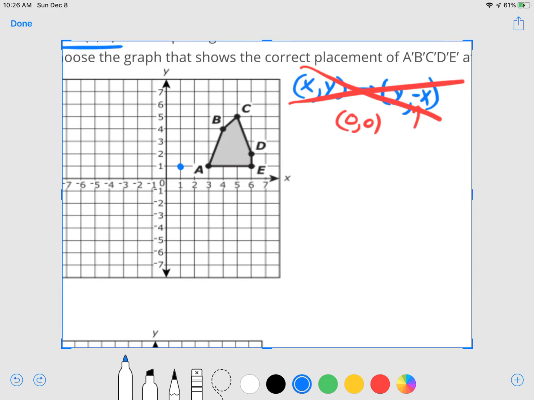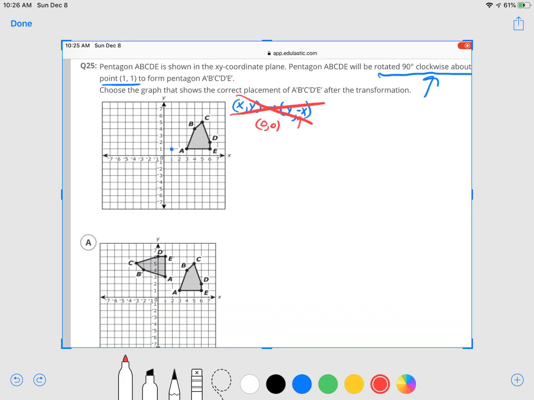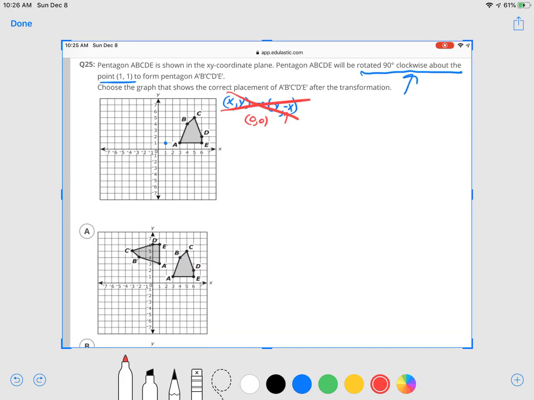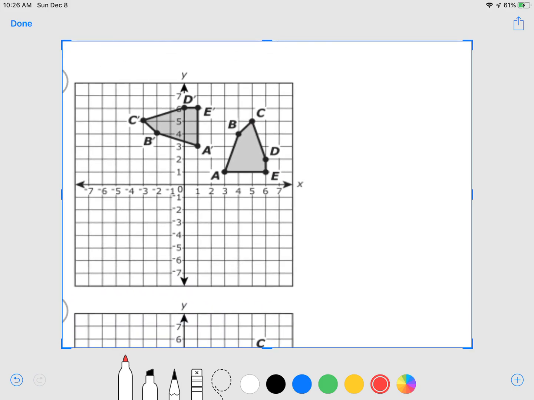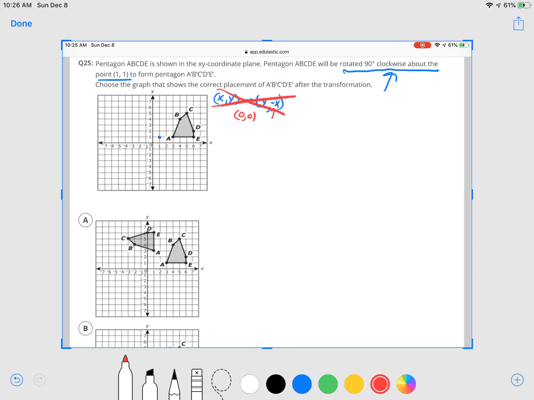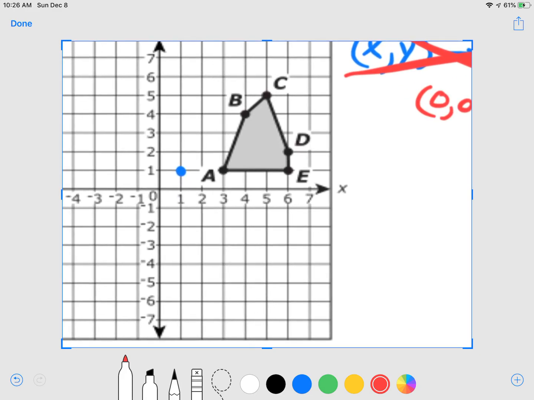Okay, so what we're going to have to do is use something that we know about rotations. So one of the things that we know about rotations is that the distance from the center of rotation to the point stays the same as the object gets rotated around.